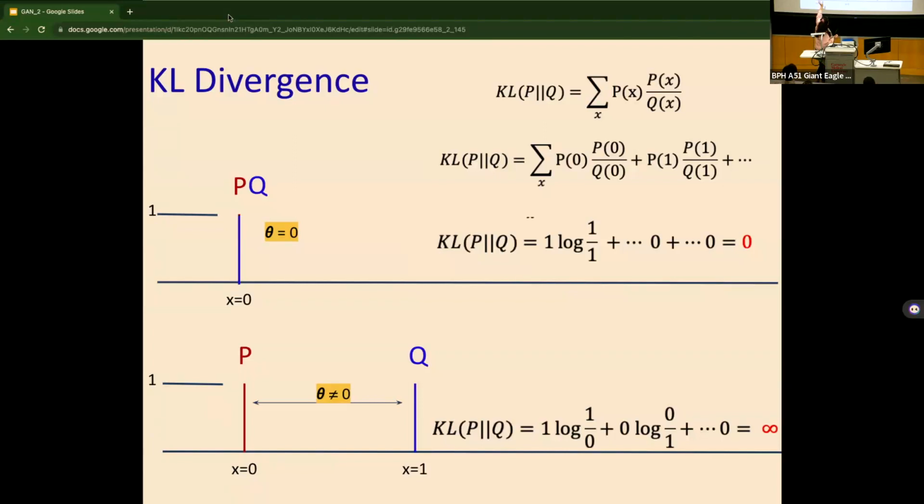If we consider their values at x equal to 0, we would have both of their values equal to 1, and so we would have the distance to be 0, which is okay. But when both of them are apart and not overlapping, when theta is not equal to 0, and we consider the point where x is actually 0, the value of Q of 0 will be what? 0. And 0 in the denominator means infinity. So here it explodes, right?